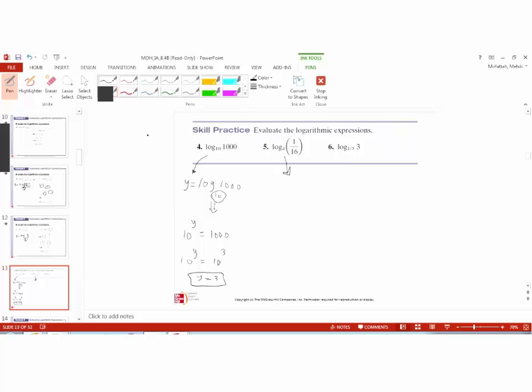Let's start with y is equal to log of 1/16 base 4. So you write 4 to the power of y is equal to 1 over 16. Okay, now what do you do next?